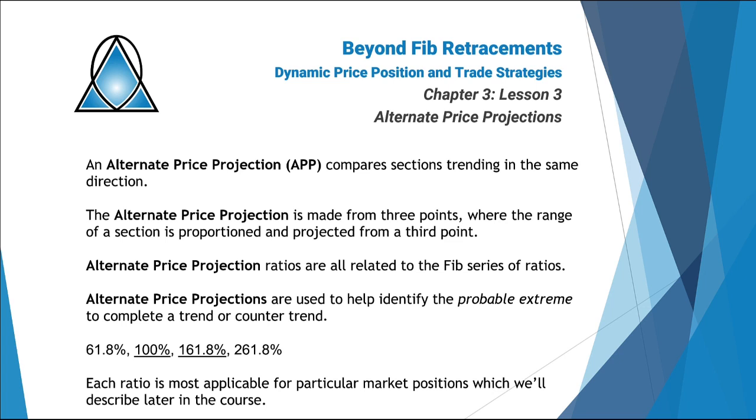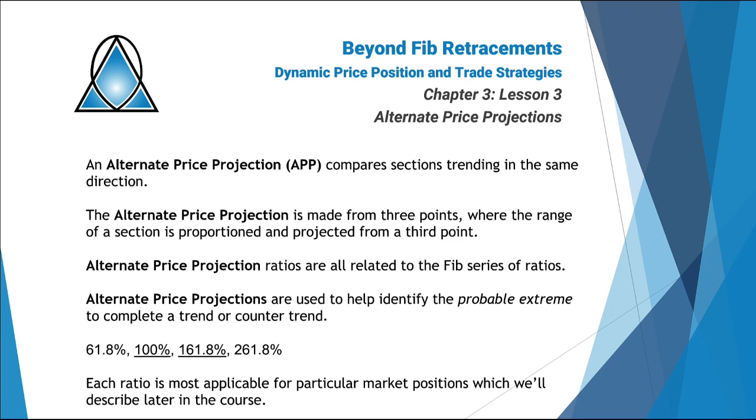Alternate price projections are used to help identify the probable extreme to complete a trend or a counter trend. The ratios that we use are 61.8%, 100%, 161.8%, and 261.8%. I've underlined the 100% and 162% because they're the most frequently seen, so we focus on those.